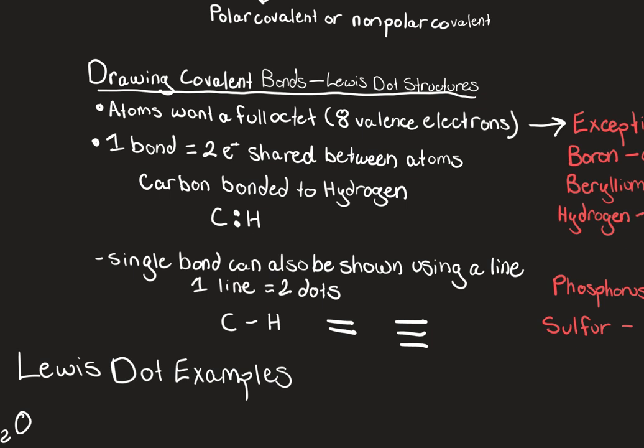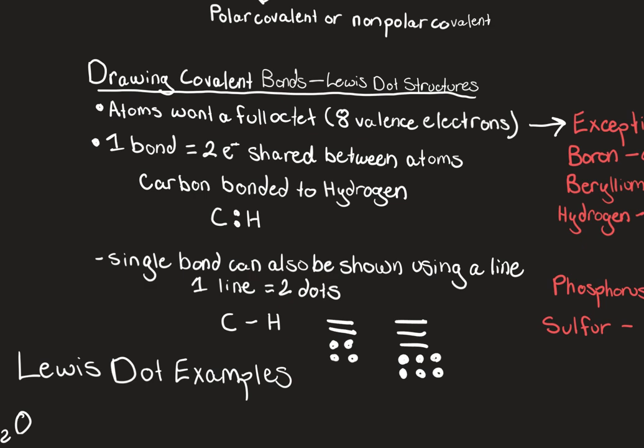Using dots, a double bond is going to have 4 valence electrons, while a triple bond is going to have 6. So you can use whatever method you prefer. The big idea is just making sure that our atoms have 8 valence electrons, okay? So that's why we make bonds, because they have to share in order to have 8 valence electrons.